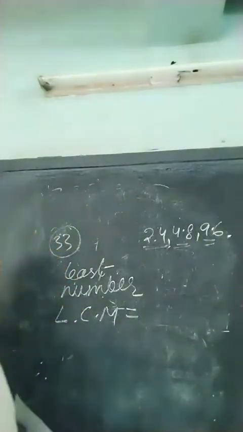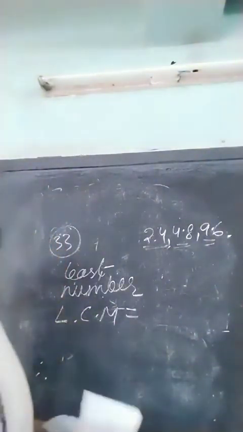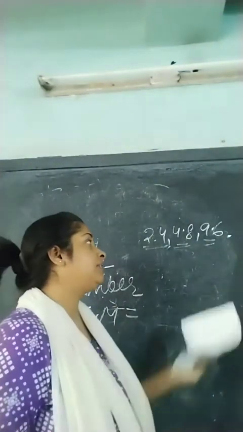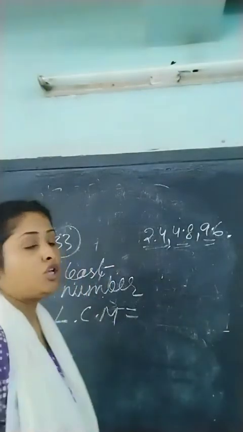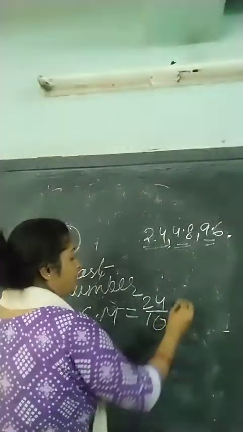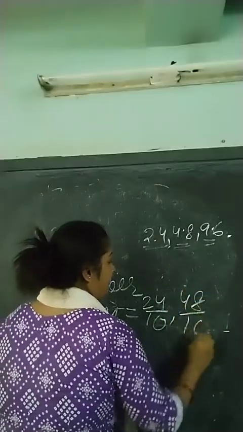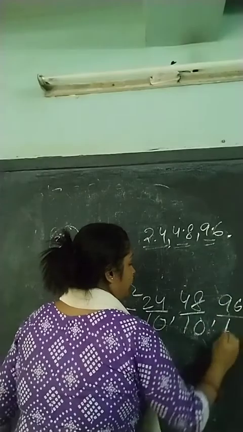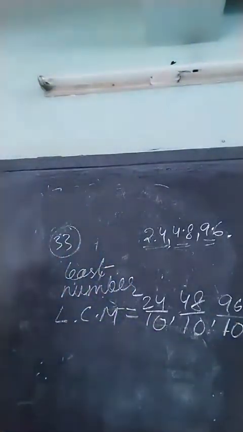Since we are finding the HCF and LCM of fractions, we will convert these decimals into fractional numbers. So 2.4 becomes 24 by 10, 4.8 becomes 48 by 10 and 9.6 becomes 96 by 10.